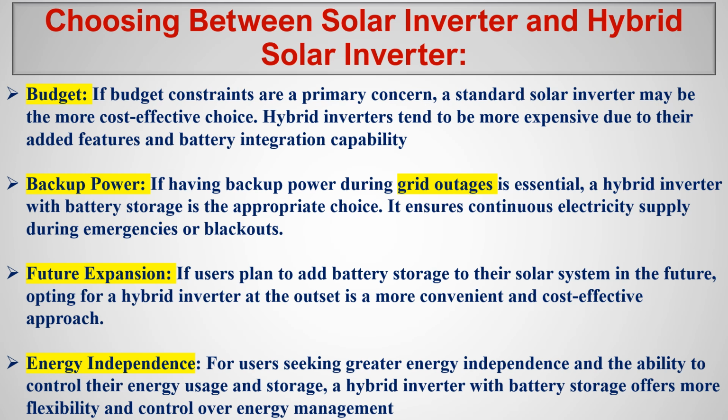And for energy independence, as I already explained, with a hybrid inverter you are independent from the grid. Whenever you don't want the grid, you can cut off the grid supply and work independently. And whenever the grid fails or a power interruption comes, you will not be affected.